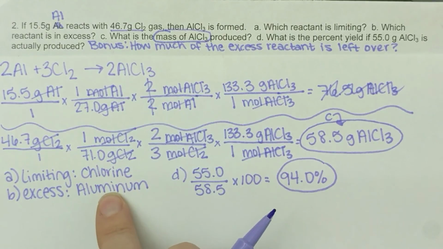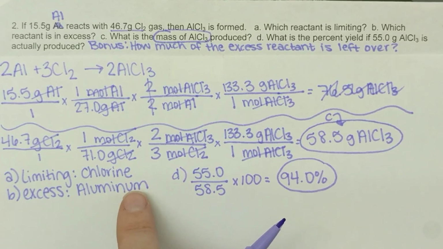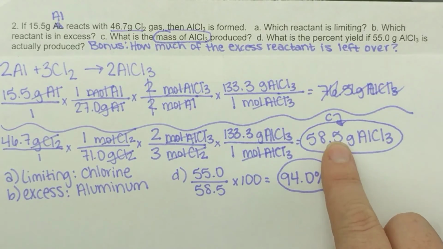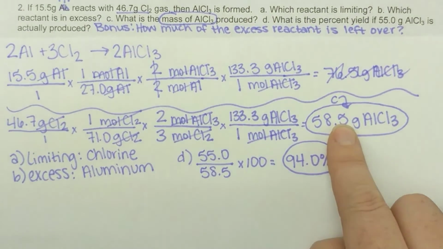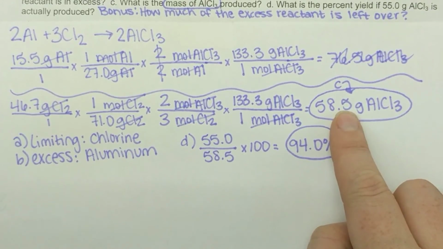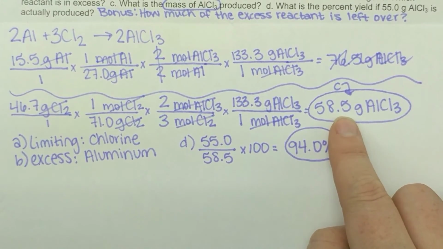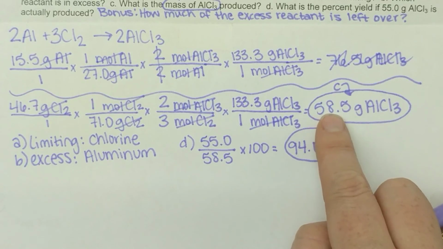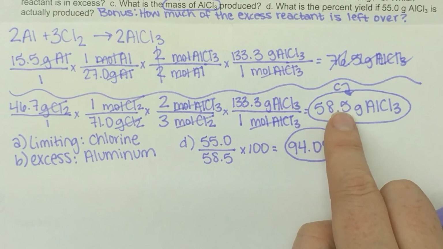Okay. I added a little bonus question as well, which said how much excess is actually left over. So I know I have excess aluminum. I had a little bit left over. How much aluminum was truly wasted? The way we work this is I know that the reaction stopped at 58.5 grams of aluminum chloride. So if the reaction stopped here, I need to figure out how much aluminum was used just to get to this value.